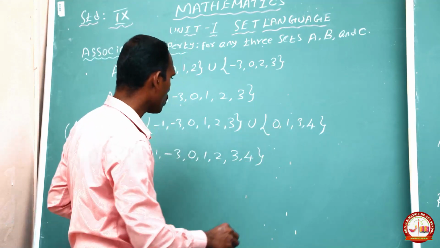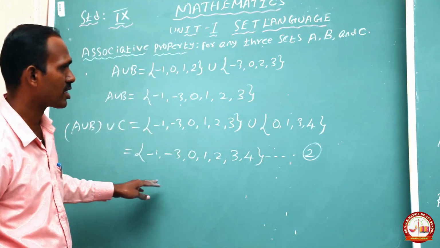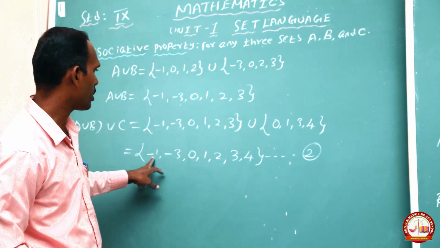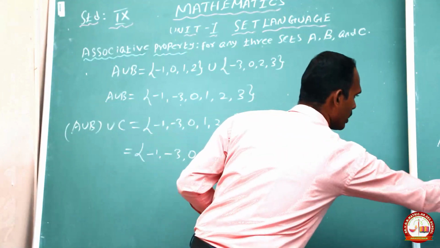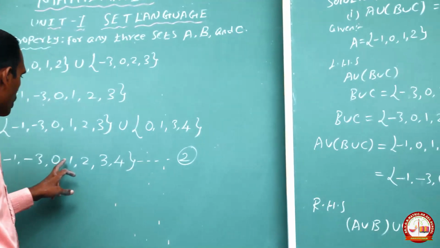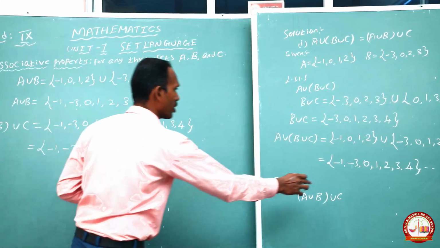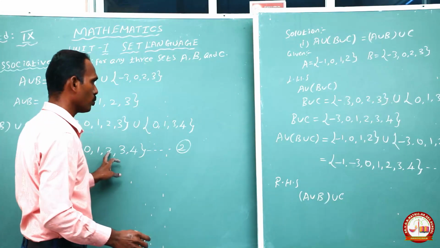Okay, so this we take as the second equation. You compare the first and second equation. Here is -1, here is also -1, here is -3, there is also -3. Here you are having 0, here you are having 0, here 1, here 1, here 2, 3, 4, here you are having 2, 3, 4.